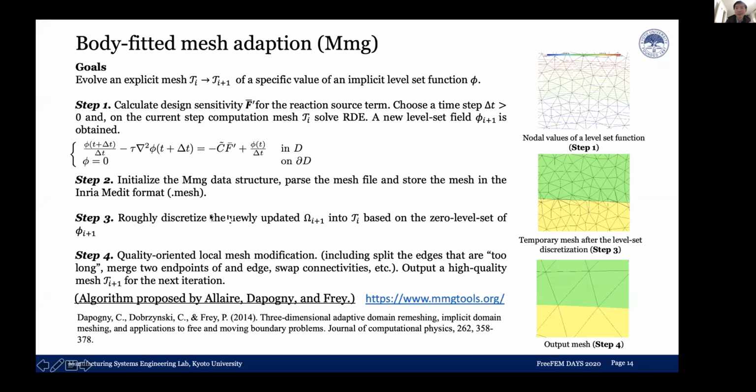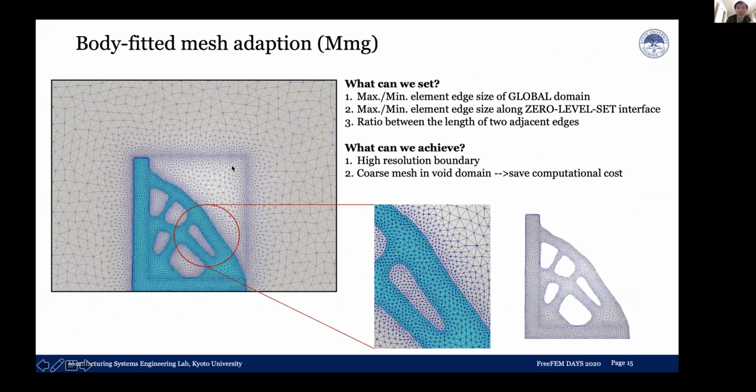And to implement this algorithm, we can use the MMG platform. With MMG, we can set the maximum and minimum edge size of the global computational domain. And we can also impose the local edge size along the zero level set interface.